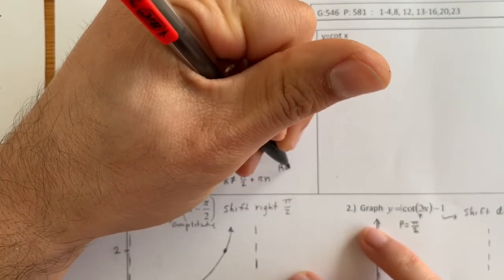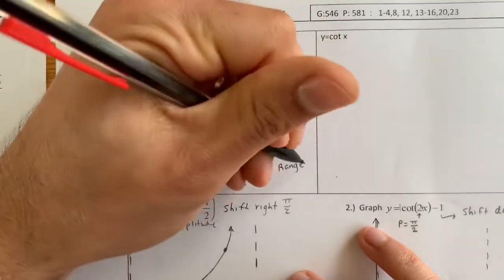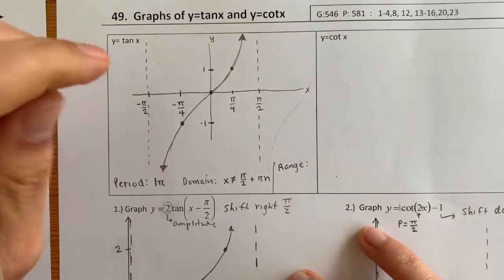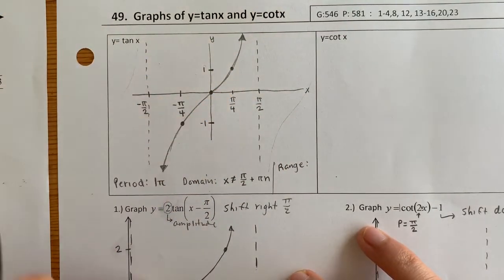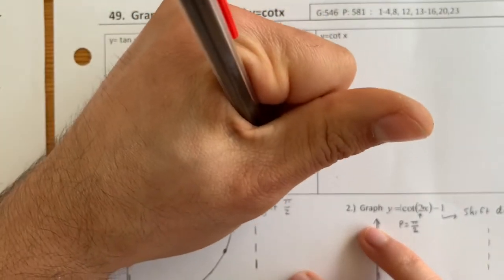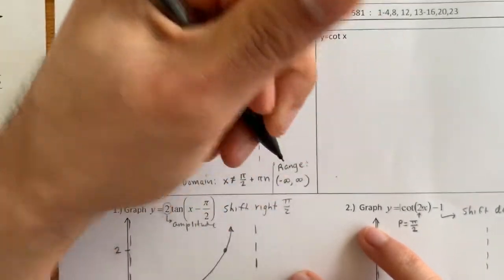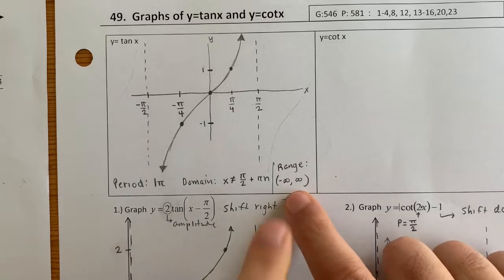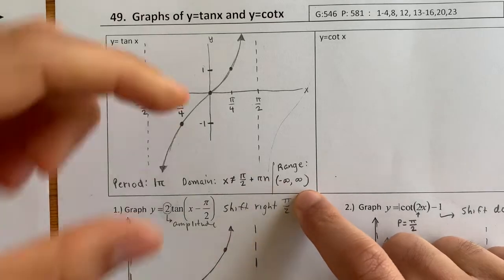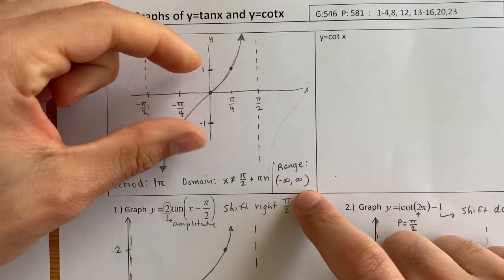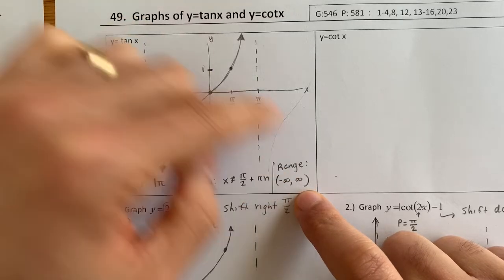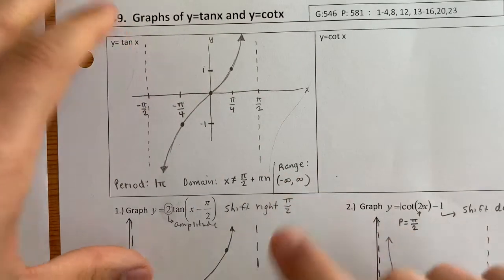And then the range, sorry, I ran out of space. The range goes down to negative infinity, up to infinity. So the range is negative infinity to infinity, which is different than sine or cosine, because sine or cosine are always between negative 1 and 1. But this goes up and down forever.